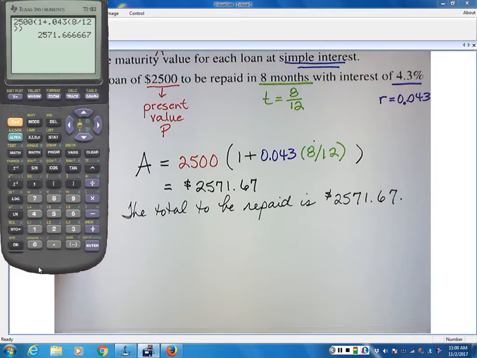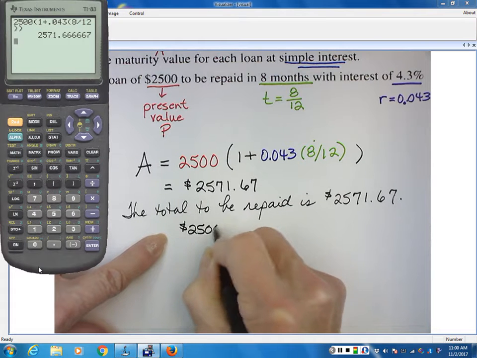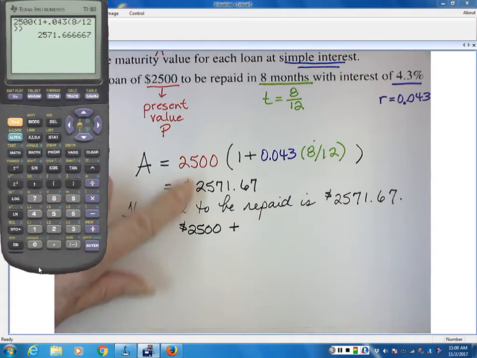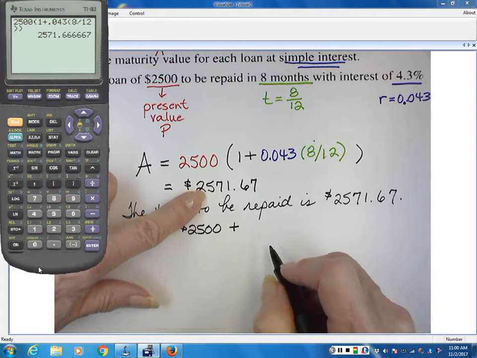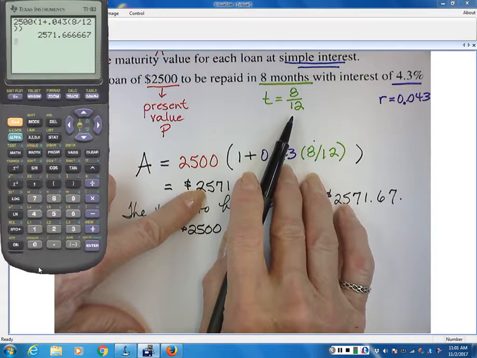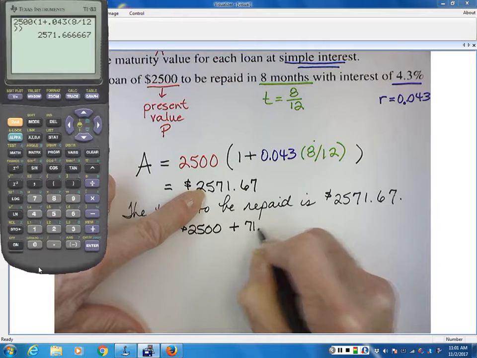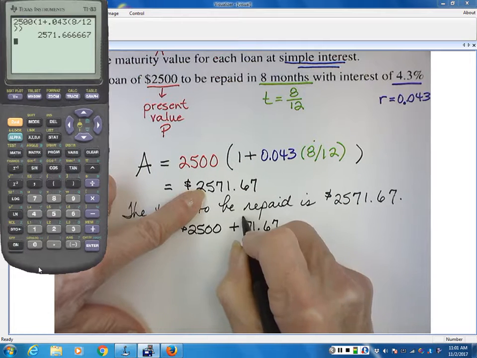And the reason that total amount is what it is, is because the original amount she borrowed was the $2,500 plus the amount of interest that she's going to pay on that $2,500 at that 4.3 interest rate for 8 months. The total amount of that is only $71.67.